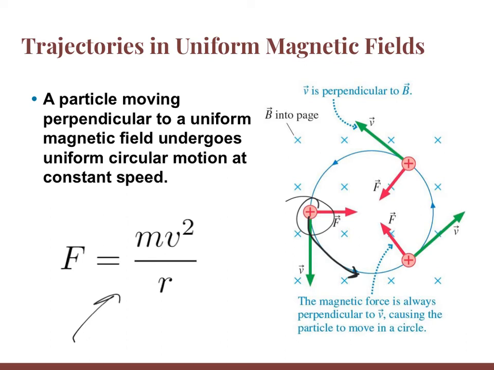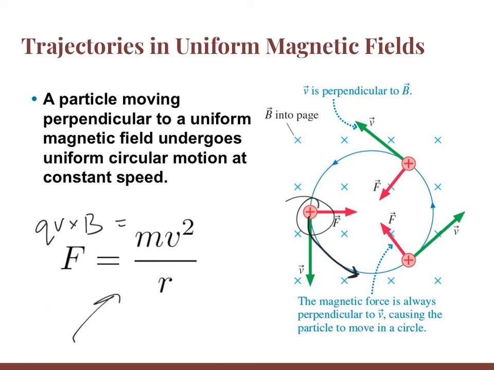The force equals mv squared over r. This is not specific to magnetism. This is just a general result of rotational kinematics, rotational mechanics, that force equals mv squared over r. That's just the thing that comes from mechanics. And the force in a magnetic field is qv cross B equals mv squared over r.